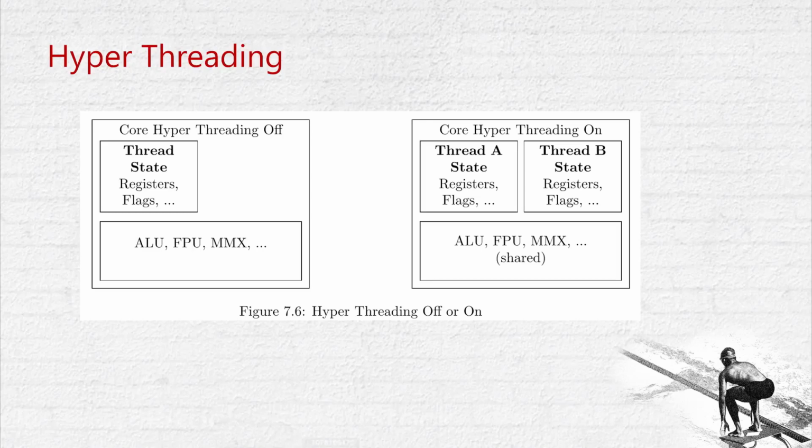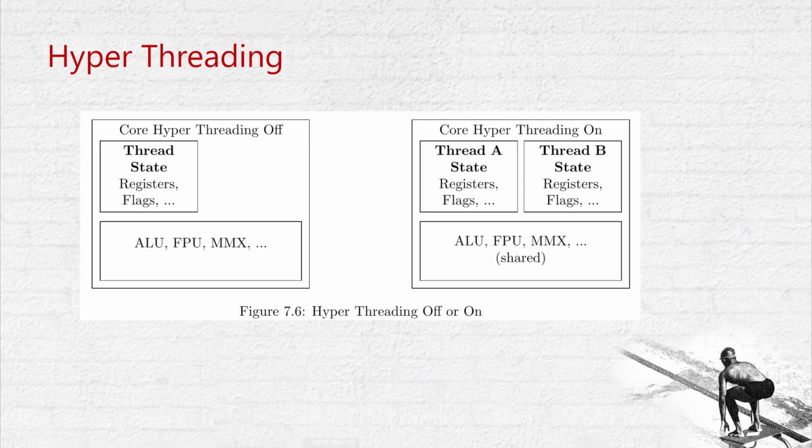If you have hyperthreading on, you have the thread state twice. You have thread A and thread B on the same core. They have completely independent registers, flags, and program counters and all that stuff. So what now happens is if thread A needs the arithmetic unit, it will access it and use it.